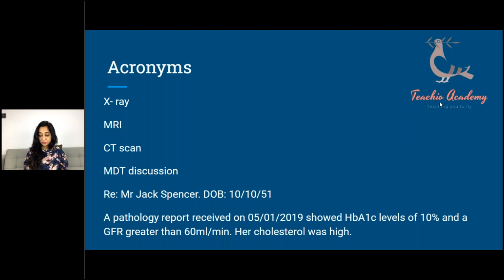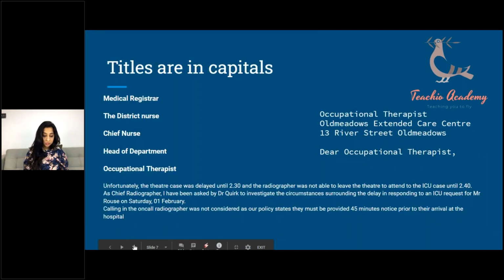All right. So that was about acronyms and how they appear on the OET. All the titles that you write, especially when you're writing the address at the top of your letter, are going to start with capital letters.